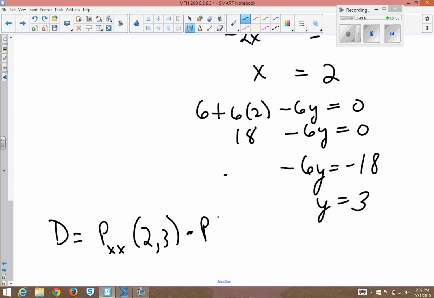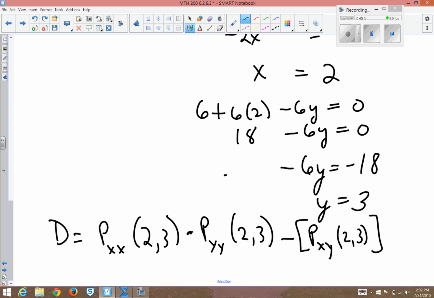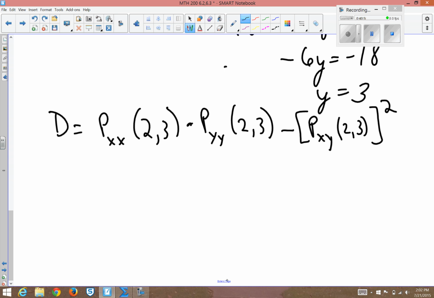Times P subscript yy evaluated at 2, 3, minus P subscript xy evaluated at 2, 3, squared.